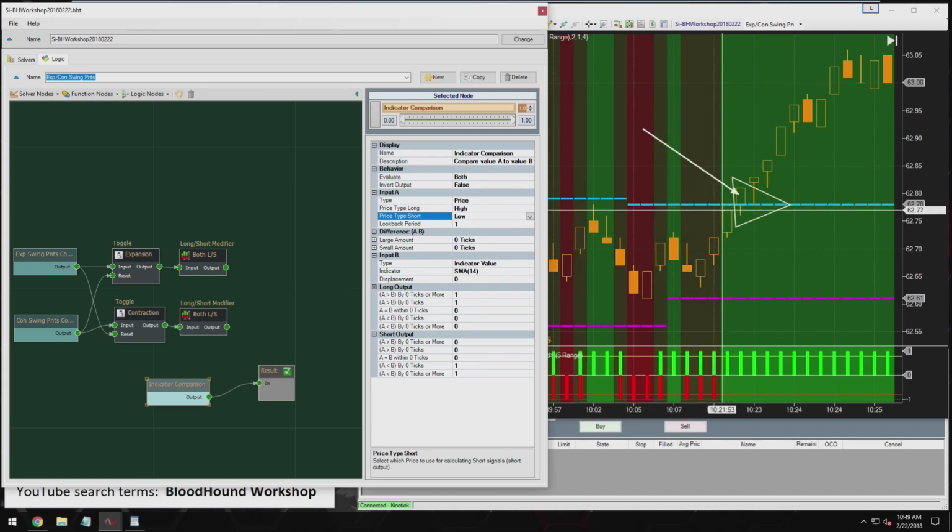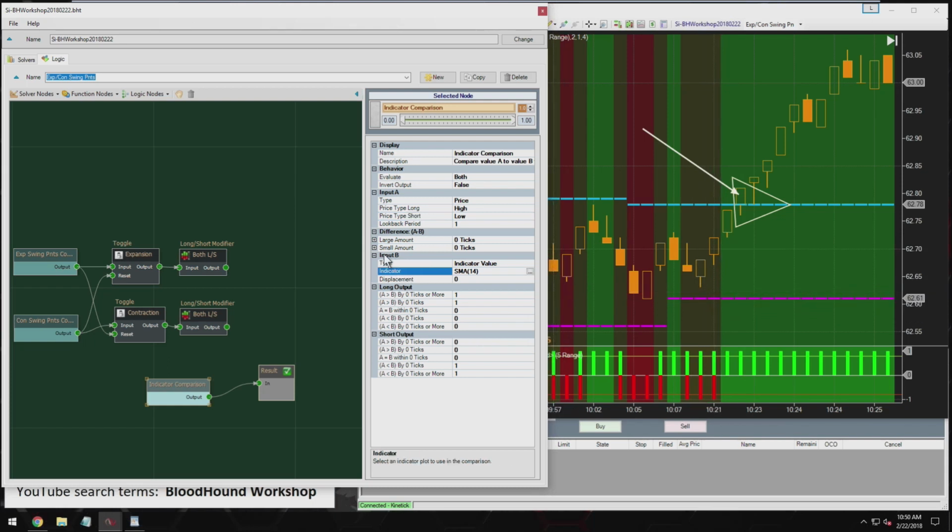So basically, if the high wick breaks above the swing high, that'll identify price expanding. Or if the low wick breaks outside the swing low, then that'll also identify price expanding.